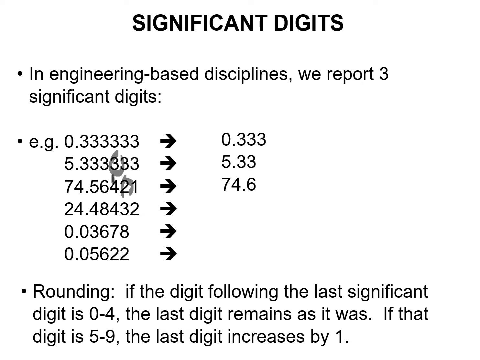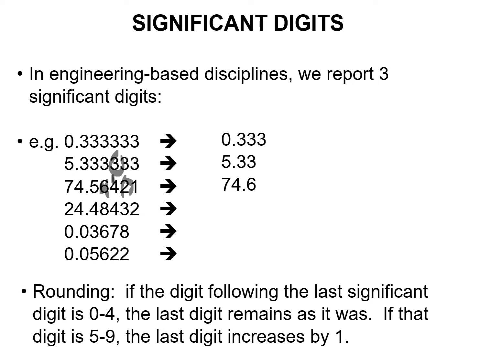So it's going to be 5. What I should have said is this 6 right here, I covered it up again, is greater than 5. So we increase that 5 by 1. So then we report 74.6.